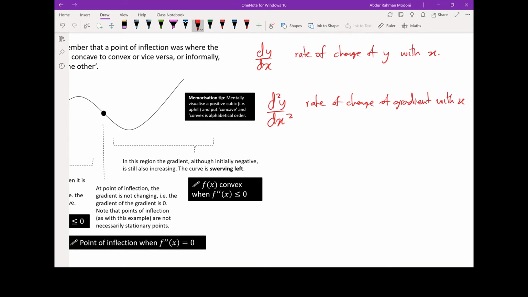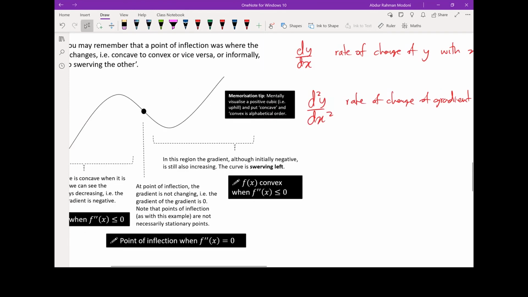If the gradient is increasing as we increase the values of x, then d2y by dx squared will be positive, i.e. the rate of change of the gradient is increasing, therefore d2y by dx squared should be positive. The rate of change of gradient is positive. Likewise, if the gradient is decreasing, then the rate of change of the gradient will be negative.